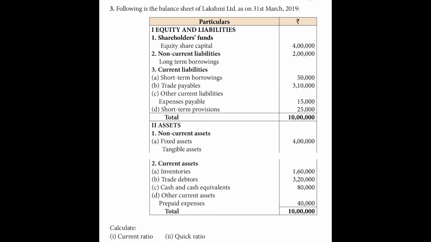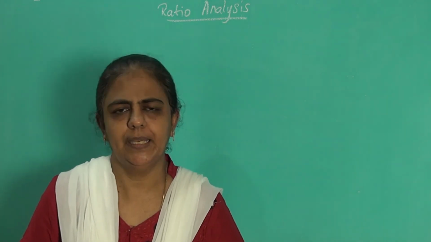Non-current liabilities, long-term borrowings. Current liabilities, short-term borrowings. Trade payables. Other current liabilities, expenses payable. Short-term provisions. Assets, non-current assets, fixed assets, tangible assets, current assets, inventories, trade debtors, cash and cash equivalents, other current assets, prepaid expenses total. Calculate current ratio, quick ratio. So you are asked to calculate current ratio and quick ratio.